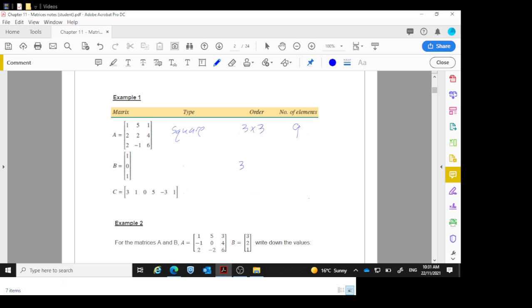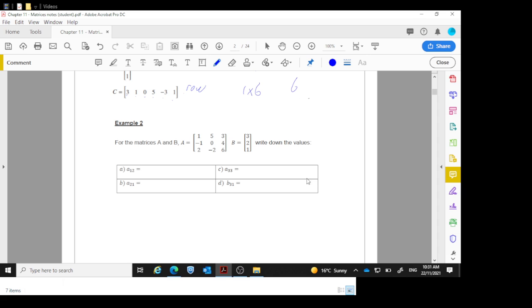B, 3 rows, 1 column, there's 3 elements. And this one, you can tell, is just one single column. C, this is 1 row by 1, 2, 3, 4, 5, 6 by 6. There's 6 elements, and this one, of course, is a row matrix.